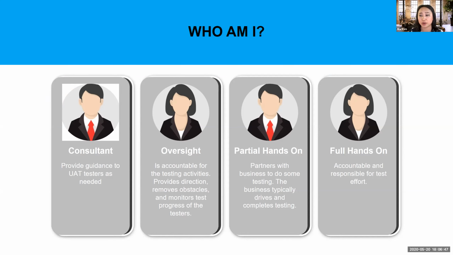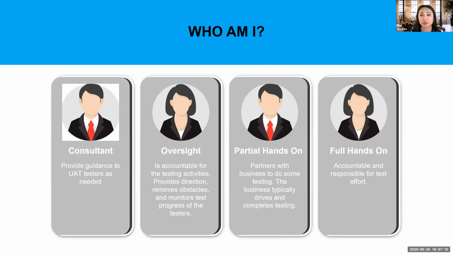When I'm talking about consultant, it basically means that you're just playing the role of guiding the UAT testers as needed, meaning the business is driving the entire UAT effort, and you're just available to answer any questions that they might have with regards to the requirements that were written, but you're not heavily involved in testing.